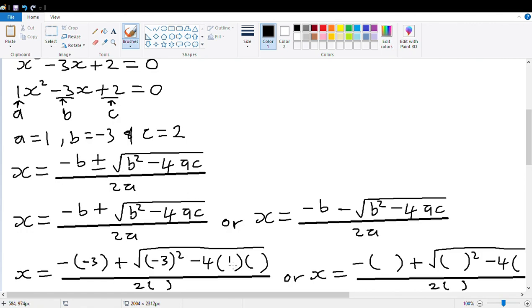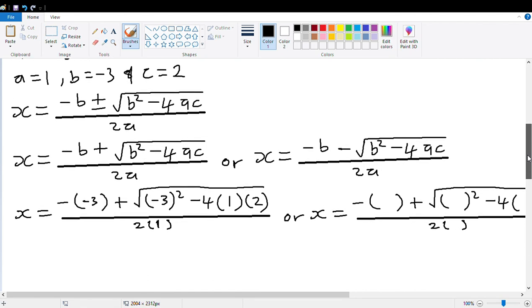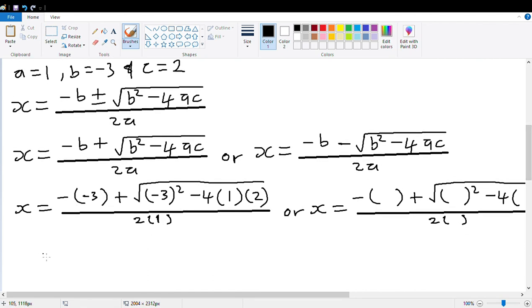We have 1 there as well as 1 there in your denominator. So the same thing will apply. We'll be having the value for c, which is 2, and we simply plug in 2 there. So from there you simply press your calculator.